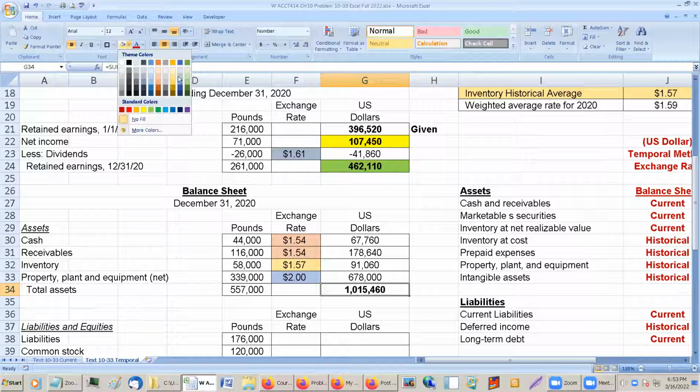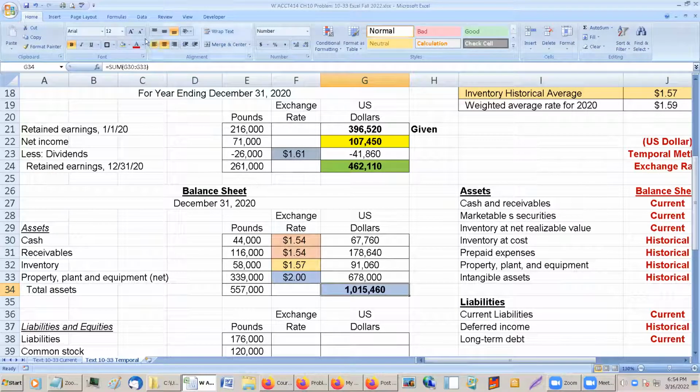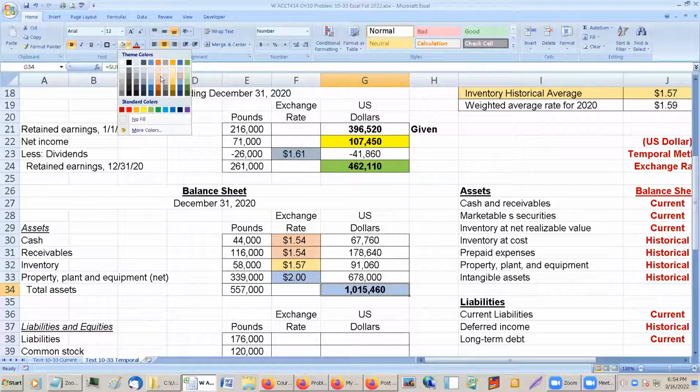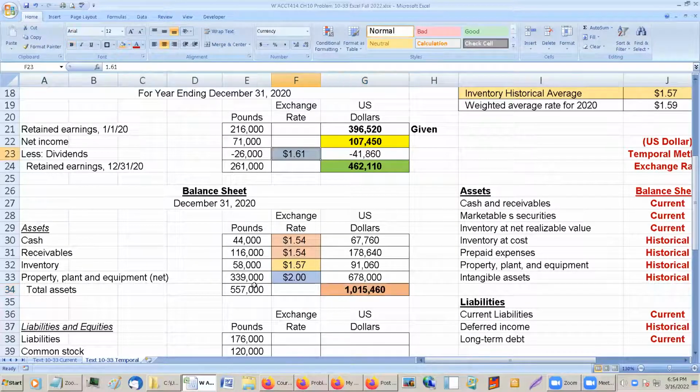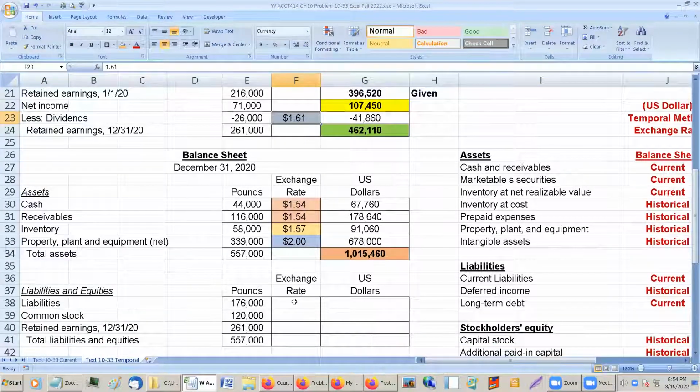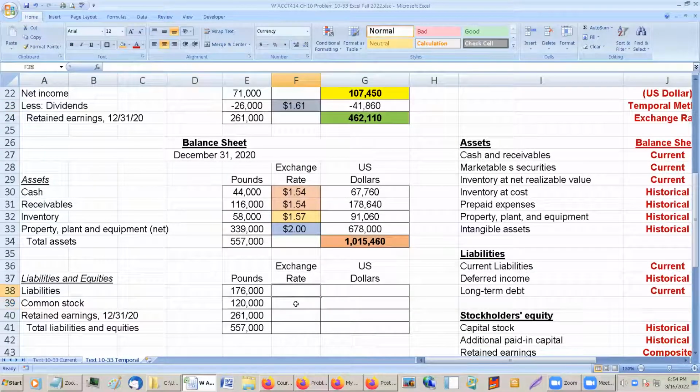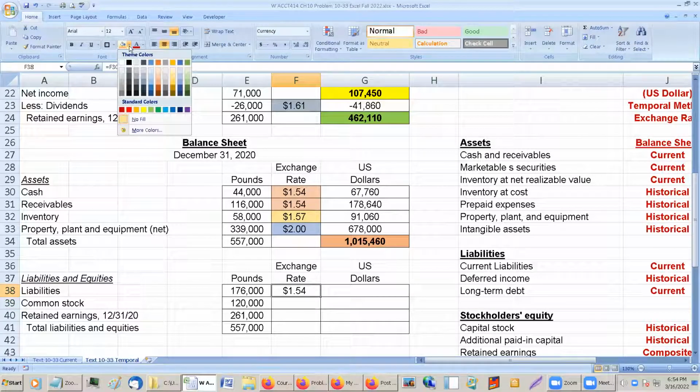Liabilities are going at the current rate, since we're going to have to pay them off, and the best estimate of what that is worth is the current rate.